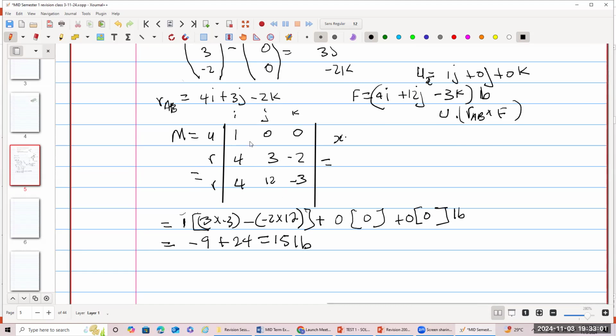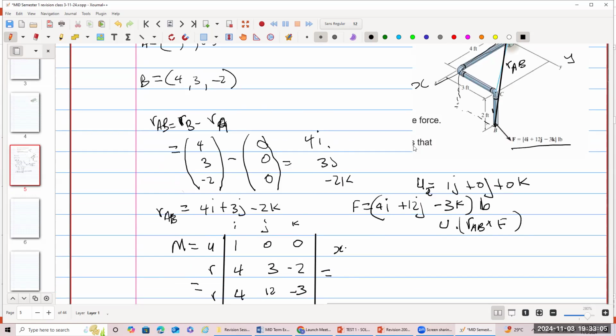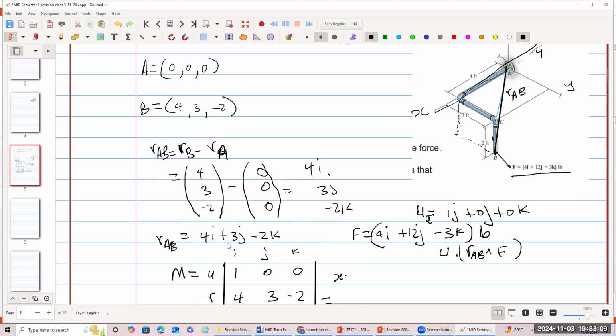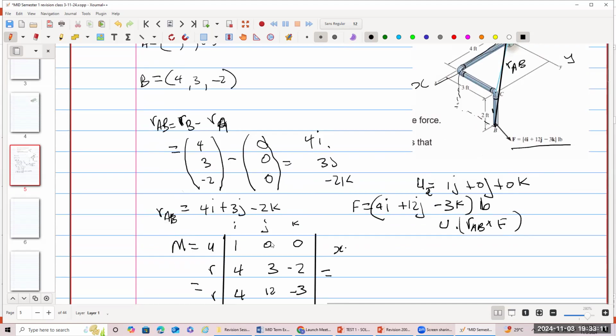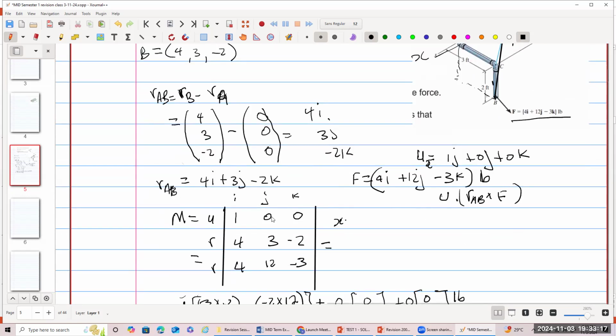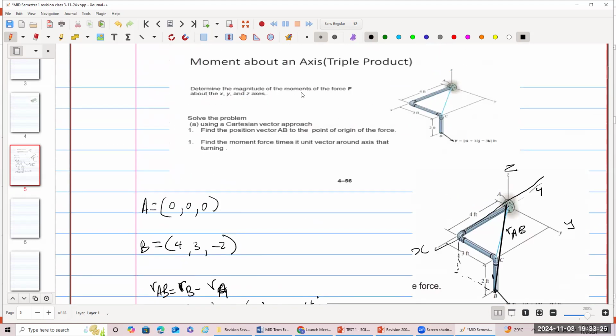You do the same thing for the others. This is for the x-axis. For the y-axis, you would put 0, 1, 0. And for the z, you would put 0, 0, 1. So you keep using the unit vector for the different axes, the x, the y, and the z axis.